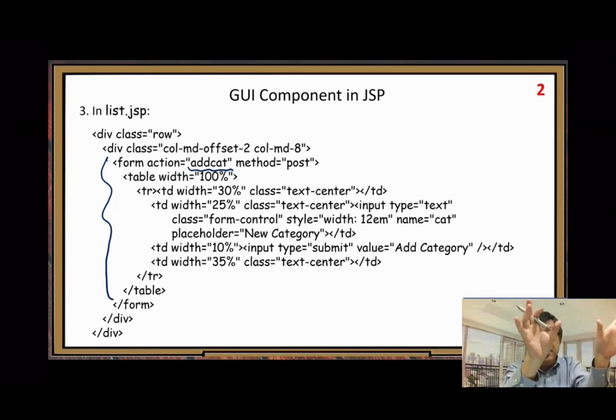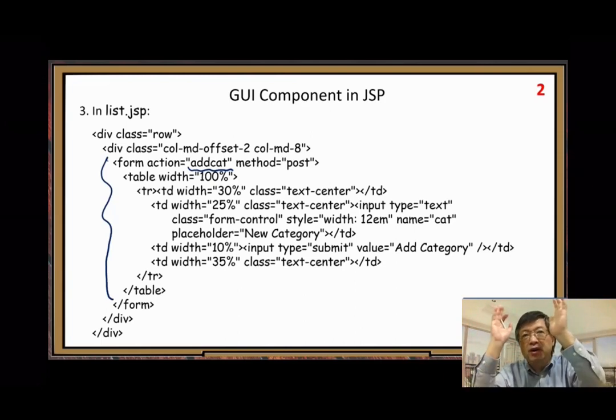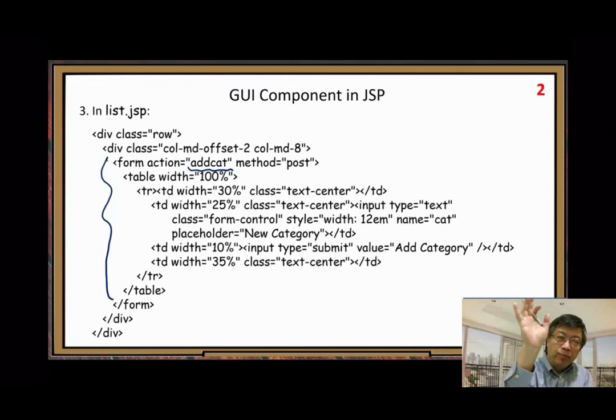Later, we need to leave some space because we want to display questions under the selected category. So we need to leave some space for the category drop-down list.